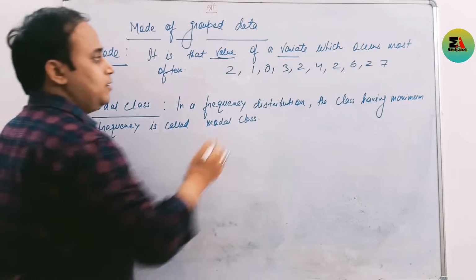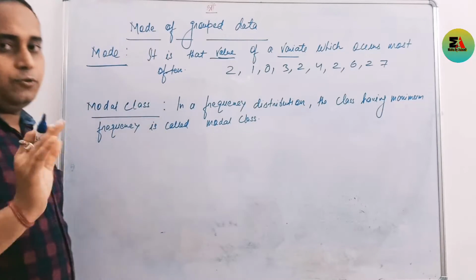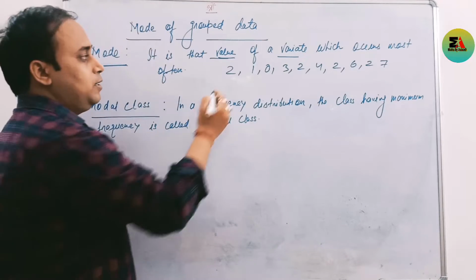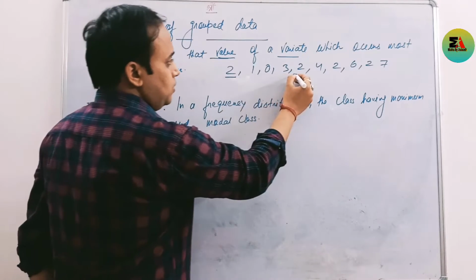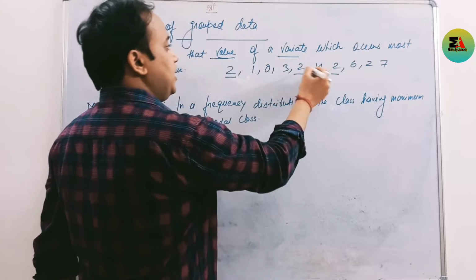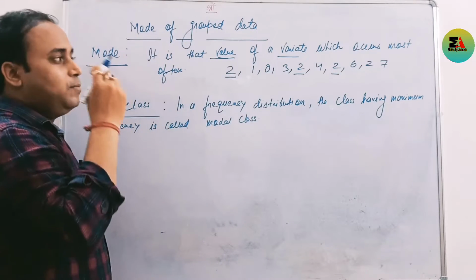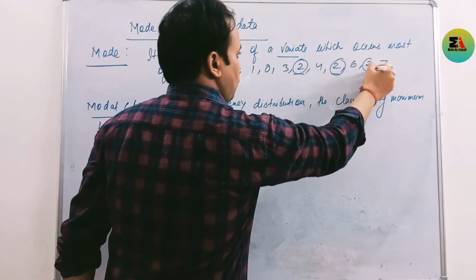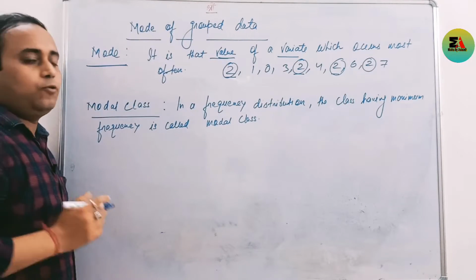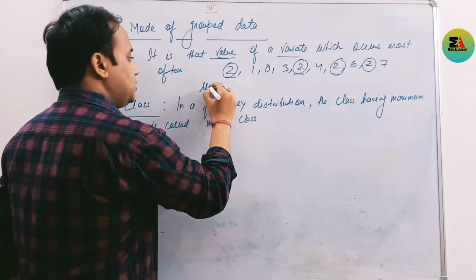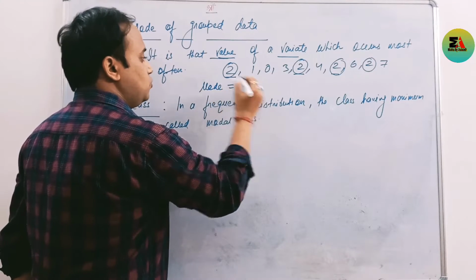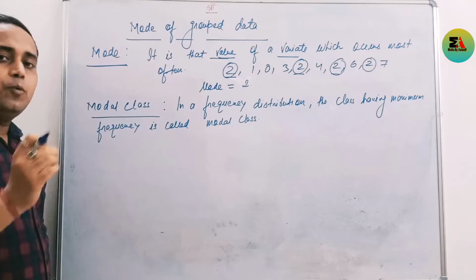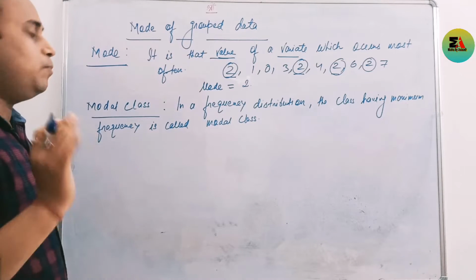Then what is the mode? You just have to check which data occurs most often. 2 occurs in this data 4 times. Therefore, the mode of this data will be 2. Mode is simply that value which occurred most often.